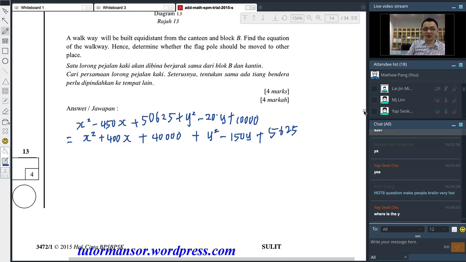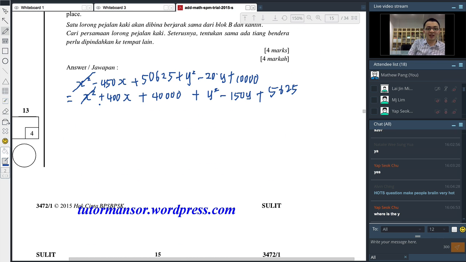Then you need to solve this one. X squared I cancel, y squared I cancel, and then I will solve the x first. This x I move to the other side, here have 50x. Y, you have negative 100y, move to the other side, is plus, so you will get plus 130y.